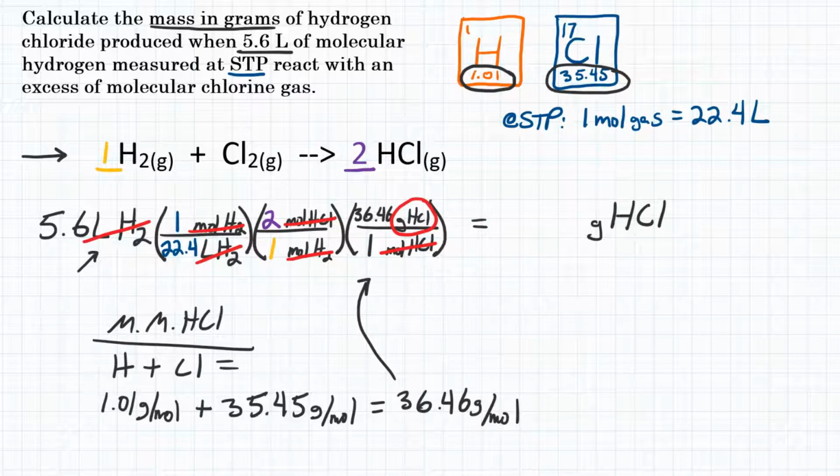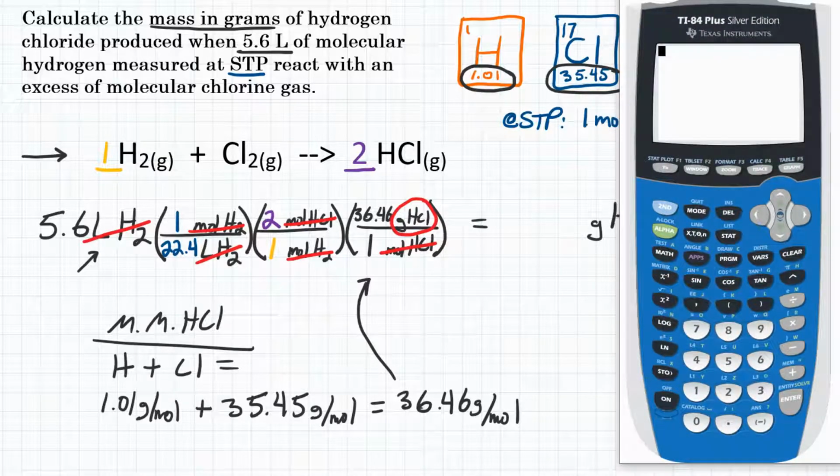So now we've got to do the math. So let's get our calculator. We're going to start with 5.6, and we're going to multiply by the top of each conversion factor and divide by the bottom. We're going to skip ones because they won't affect anything. So we are going to first divide by 22.4.